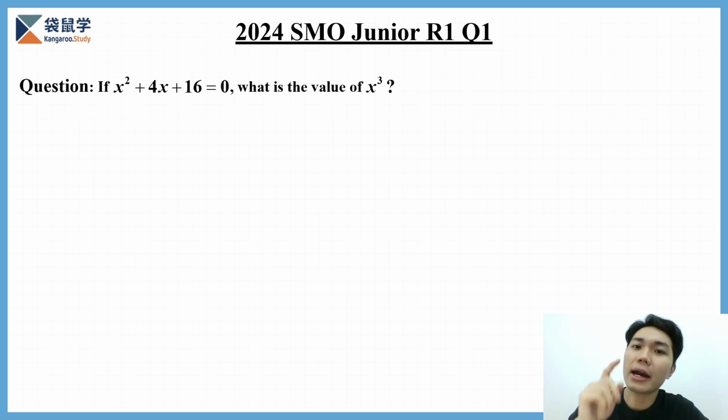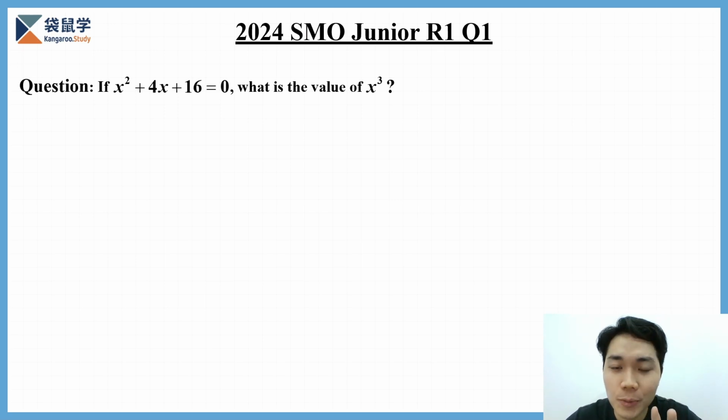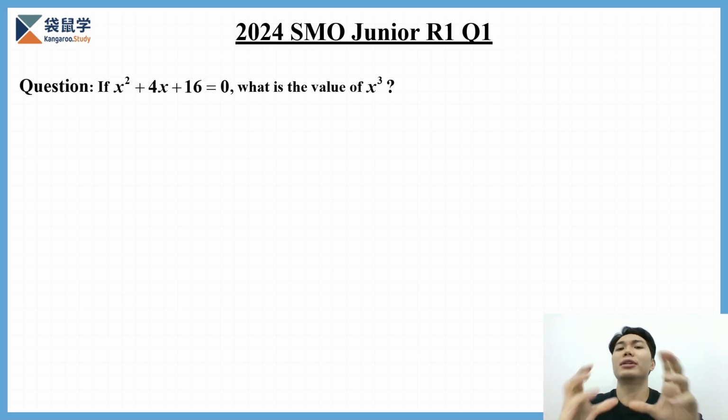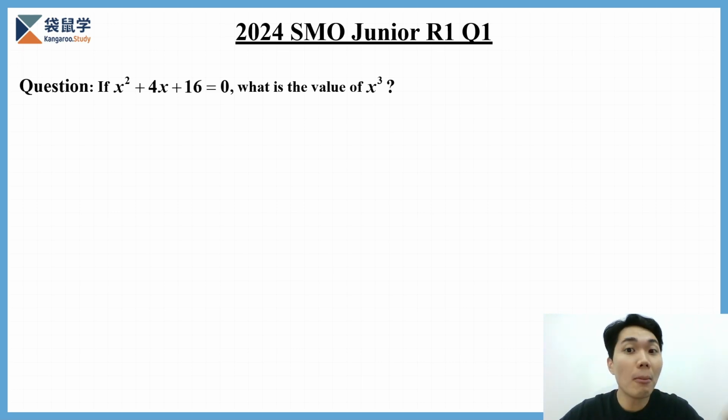Let's have a close look at what the question is saying. It says the value of x cubed. So we want x cubed, which is a variable, and even it's to the power of 3. Quite a high one. And we want to find the value. This value, what should the answer be? It should be in the form of a number with no variables.